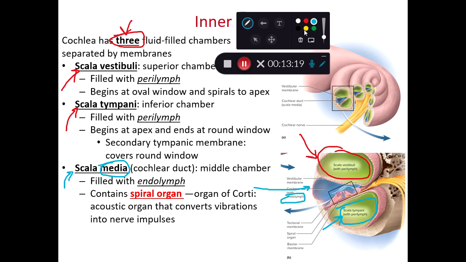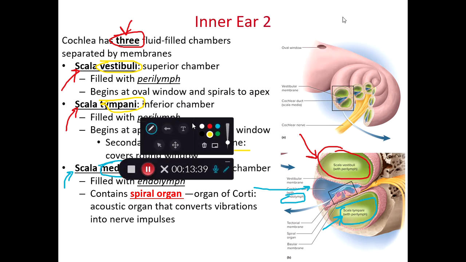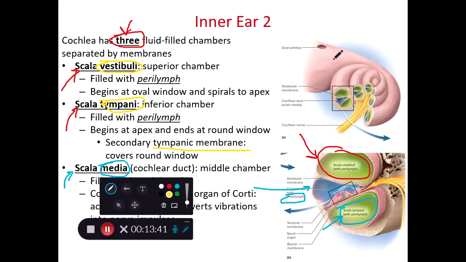And the names of these structures are a big clue as to what they attach to. So as we look at the scala tympani, it's going to attach to the tympanic membrane. As we look at the scala vestibuli, it's going to begin at the oval window and spiral all the way to the apex, which means that it's going to go through the vestibule of the inner ear, which is this region right here.